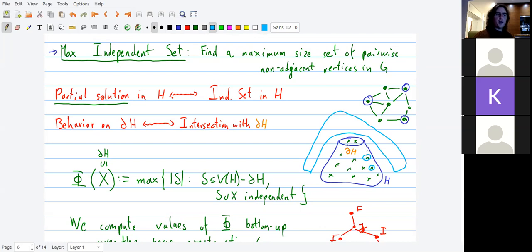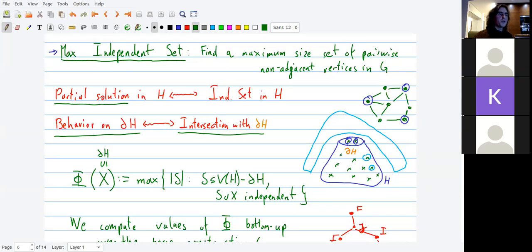So these vertices do not contribute to any constraints that I have in the future, in the sense that it only matters for possible extensions of this independent set in the future what I picked from the boundary, because these are the only vertices that can block something from the future to be picked. So the behavior of a solution on my boundary of H will be just the intersection of my partial solution with the boundary vertices.